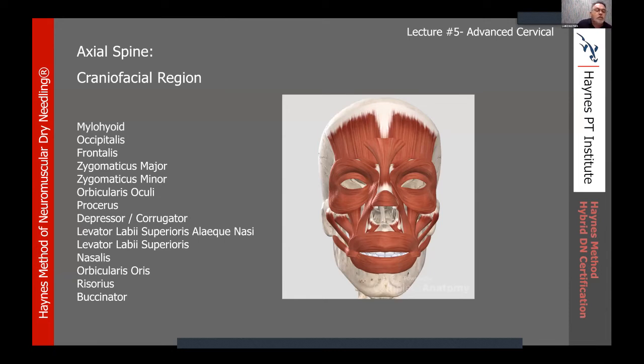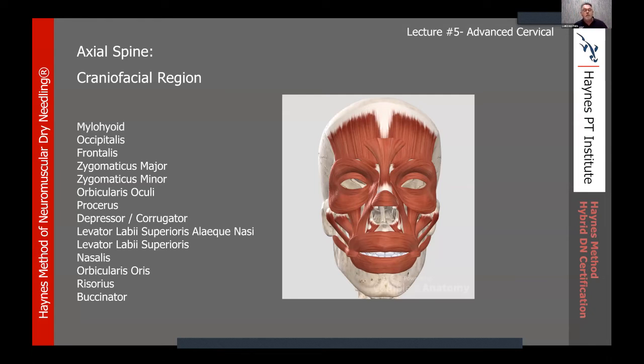But we want to get through the mylohyoid, the occipitalis, frontalis, zygomaticus major and minor, orbicularis oculi, procerus, depressor corrugator, the levator labii superioris and alaeque nasi, nasalis, orbicularis oris, risorius, and buccinator. All are small muscles, technical muscles, muscles of facial expression.